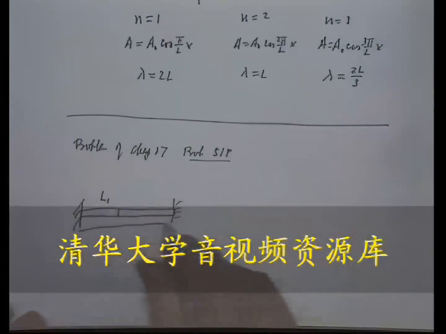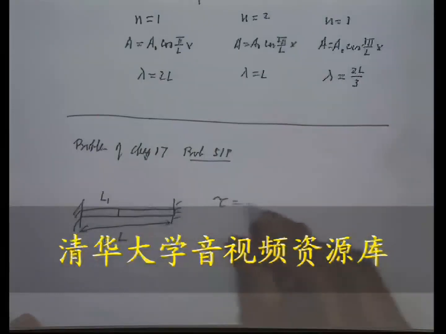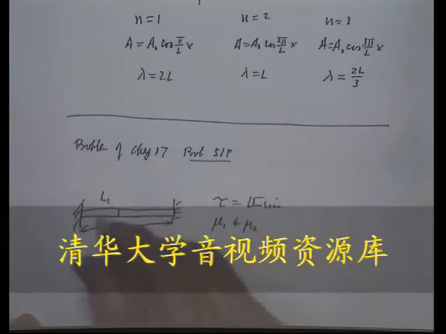The total length is L, but part of it is of one material, part of it is of another material. Tau is of course fixed, the tension is fixed. But it has two mu's, mu1 and mu2. Here it is mu1, here it is mu2. Let's investigate what happens.